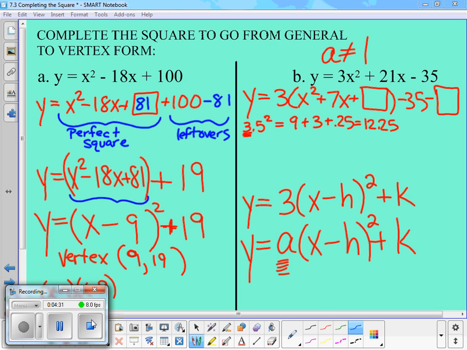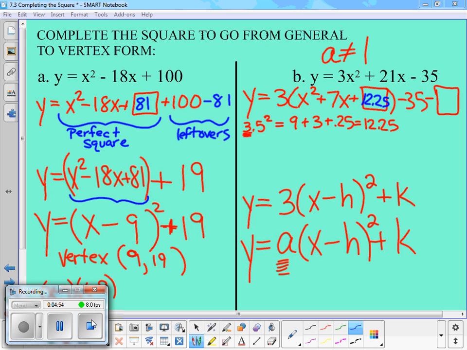Let's write it in blue. And this is wrong, right? It's so wrong, it's not even going to remain on the board. It's going to disappear. Why don't you subtract 12.25?